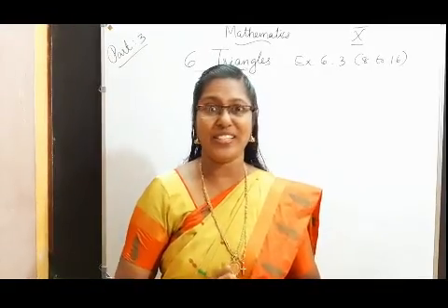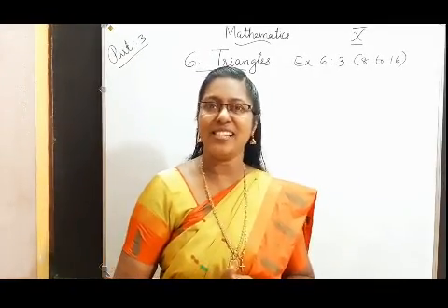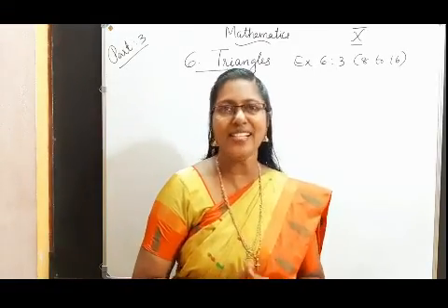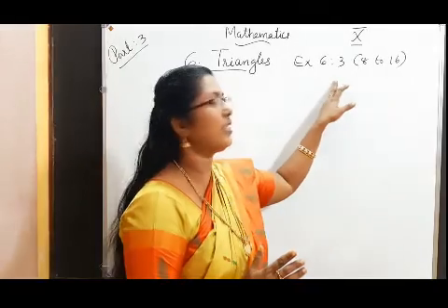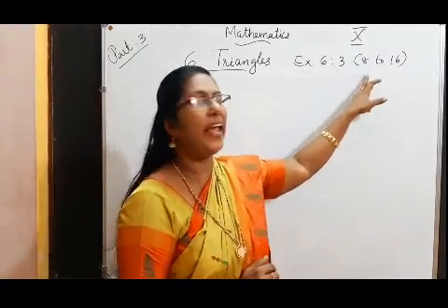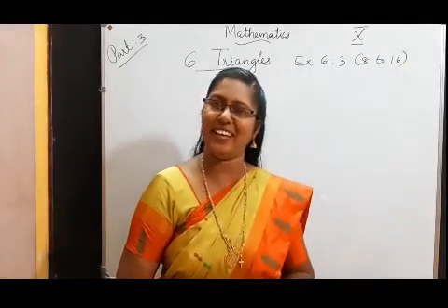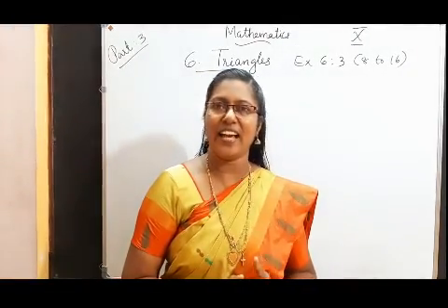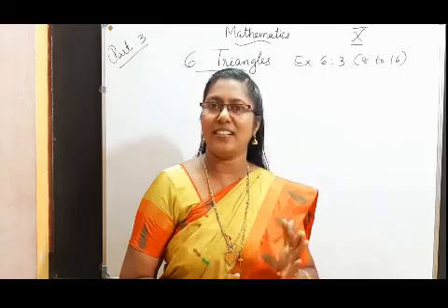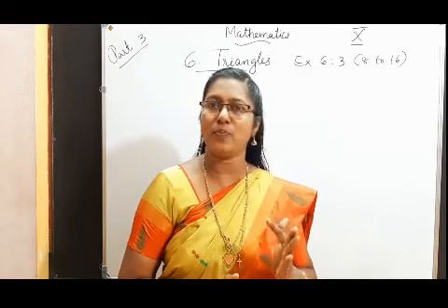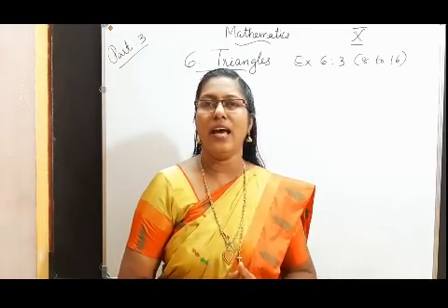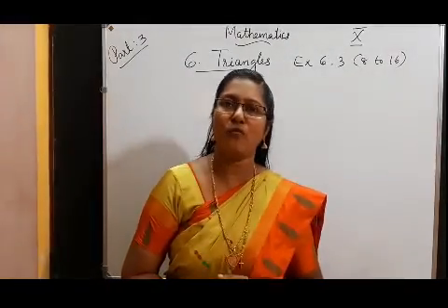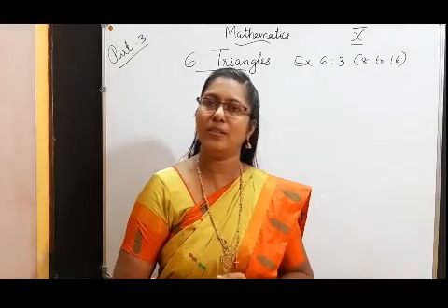Today we are going to discuss chapter 6, triangles, part 3, that is exercise 6.3, questions from 8 to 16. In the previous parts we discussed triangles, exercise 6.1 and 6.2 in part 1, and exercise 6.3, questions from 1 to 7 in part 2.